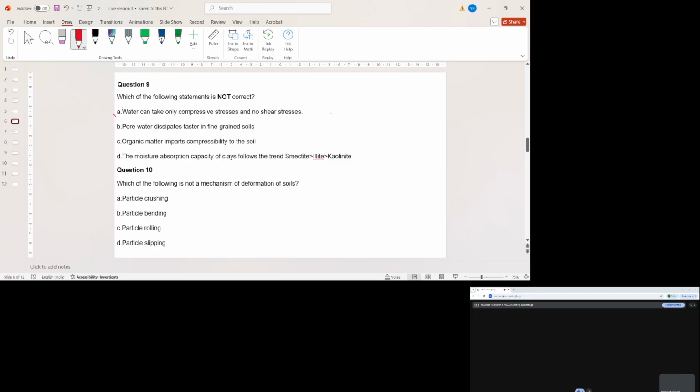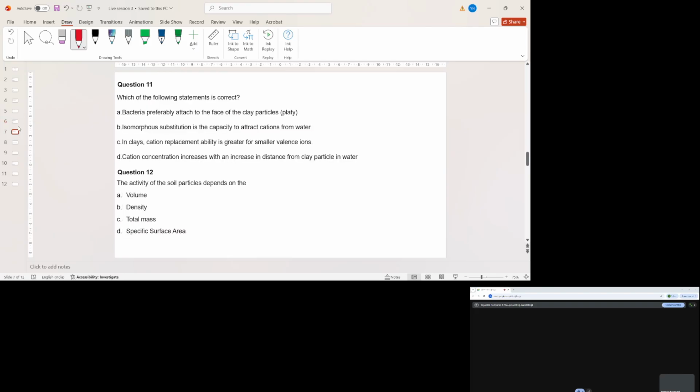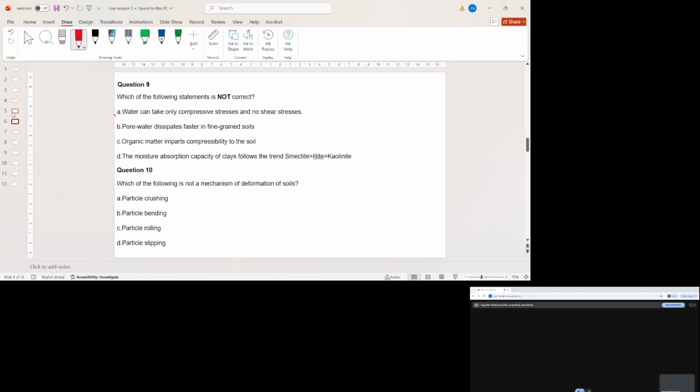We cannot stand on liquefied soils, which possess no shear strength. Water is almost an incompressible fluid, so it resists compression, but it cannot resist shear stress. So this statement is true.